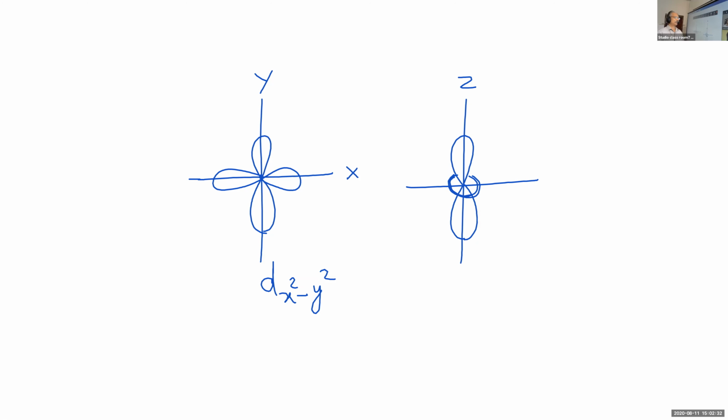Similarly, here also there is a belt at the center, and this is the dz square orbital. There is a dumbbell, and there is a belt of electron cloud at the center of the dumbbell, and it is along the z axis. Do you get the idea?